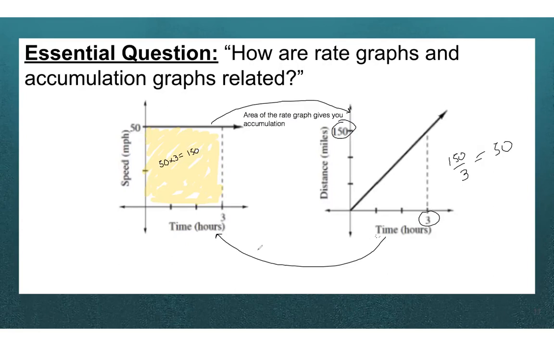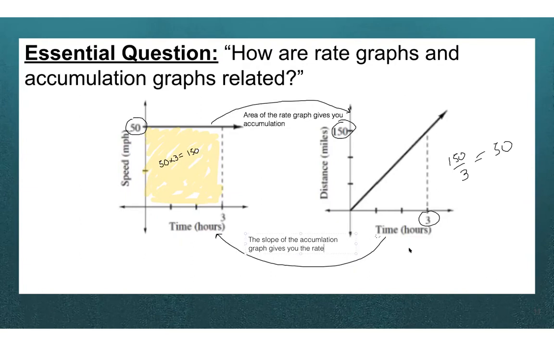And that is your constant rate over here, your speed. So the slope of the accumulation graph gives you the rate, which is your speed in this case. That's how these two are connected.